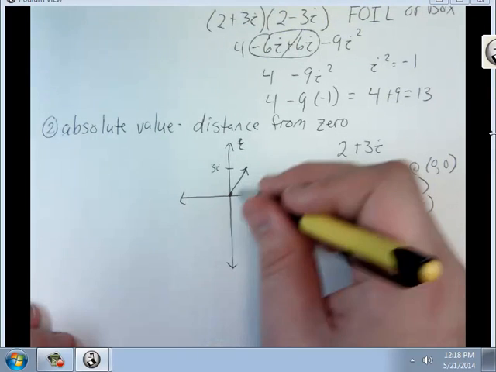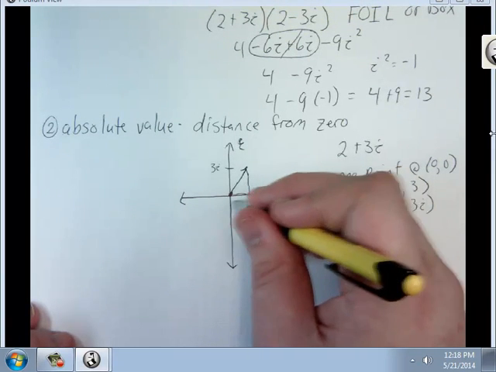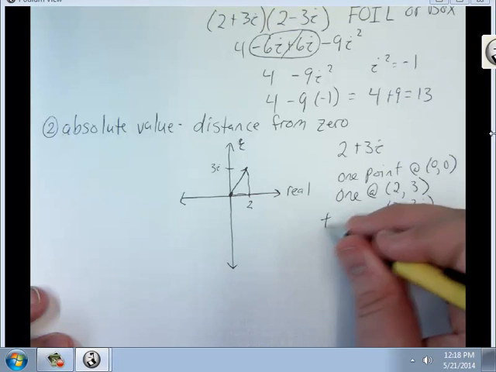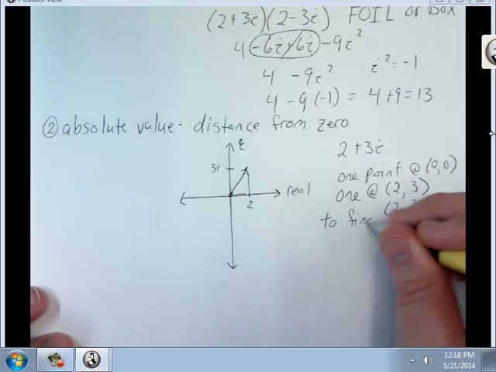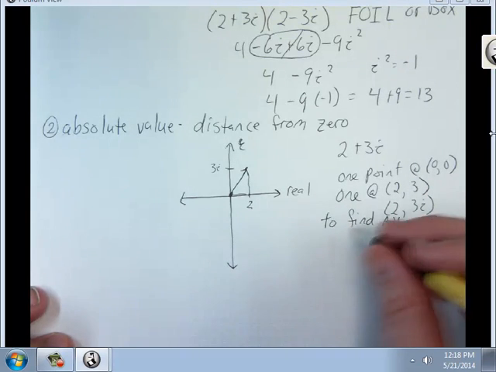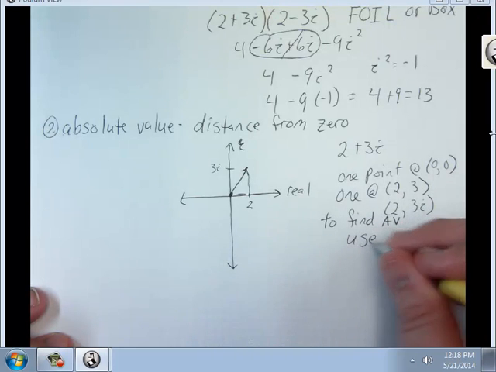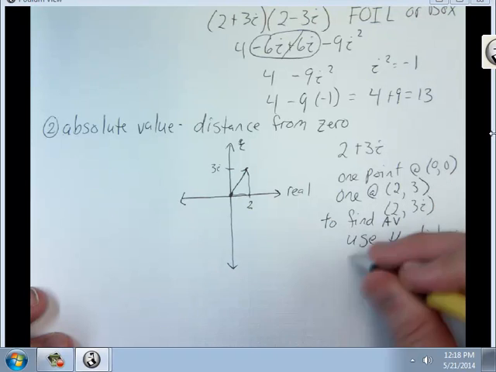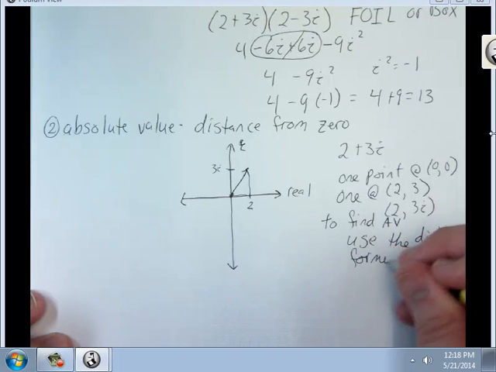And to find the absolute value, use the distance formula.